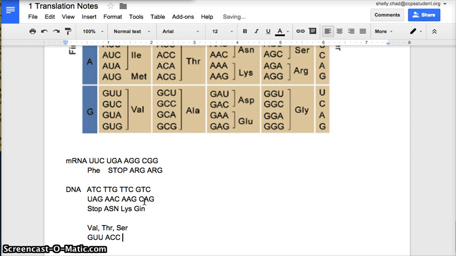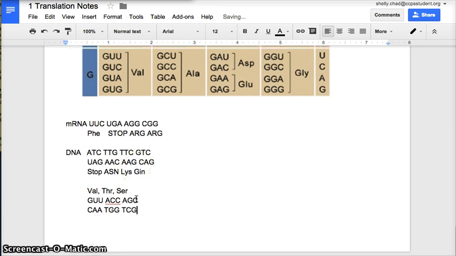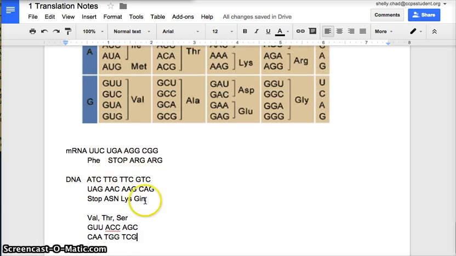THR, ACC, and you can just pick one of the 3. And then you have to go to the DNA, TGG, TCG. Alright, so that's the kind of trick that you have to make sure you recognize it as DNA or mRNA, and then you have to make sure you go with the intermediate step before you go right to the amino acid. A lot of people forget that.